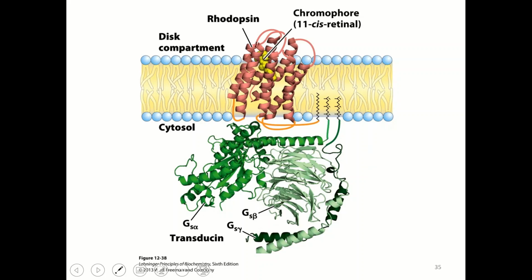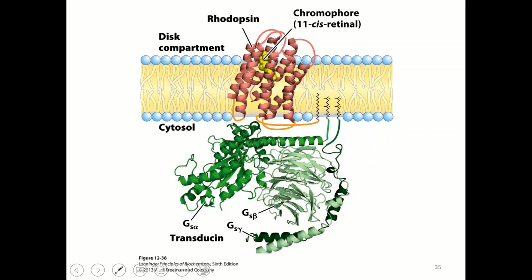Okay, and then when the light hits the ligand, that ligand changes shape, and then that transduces the signal to the G protein. Okay. The G protein in this particular example is known as transducin. So this is the G protein involved in sight, and again, it's a stimulatory G protein.